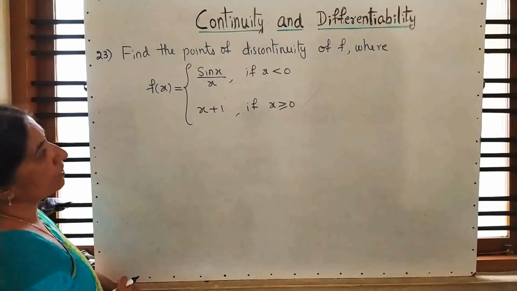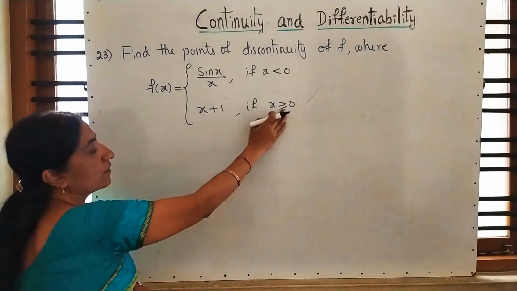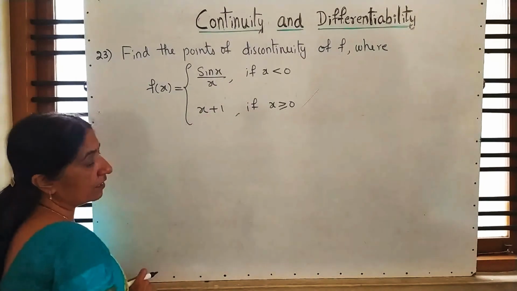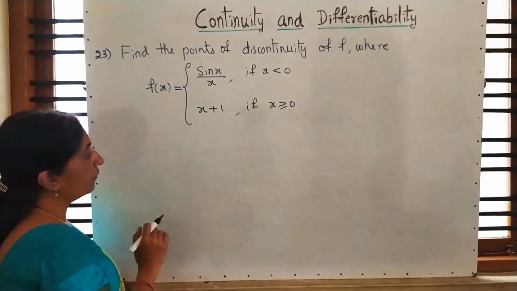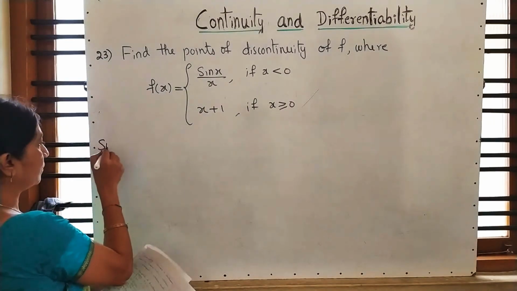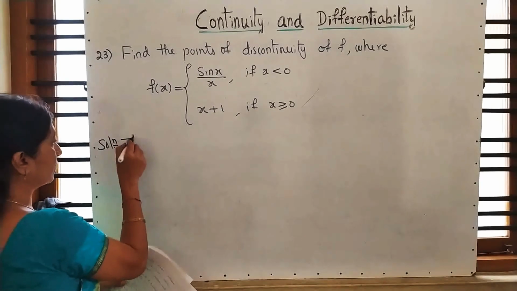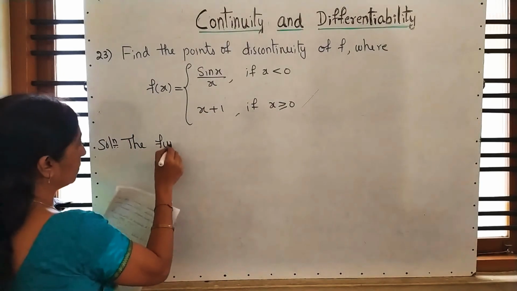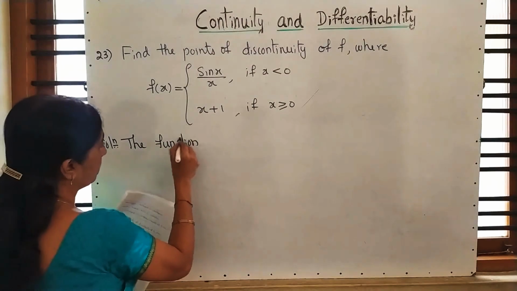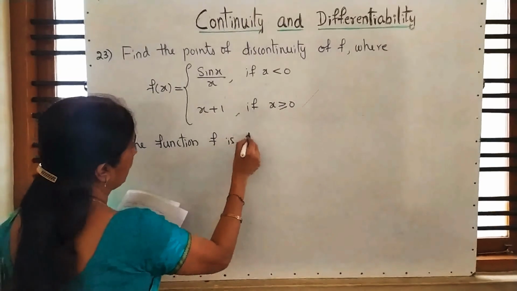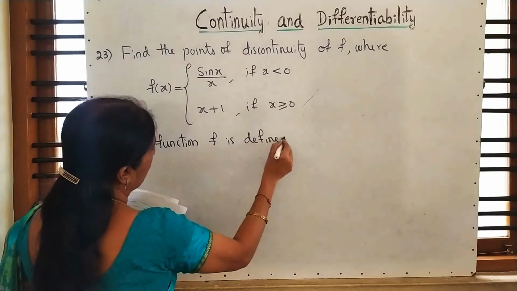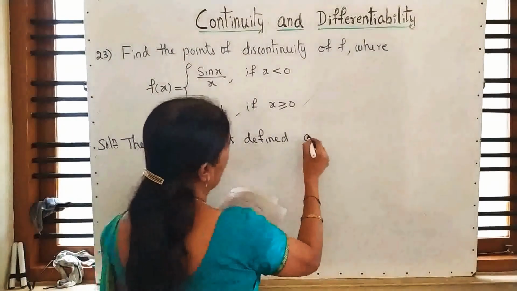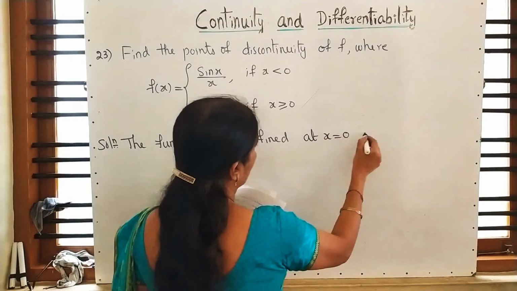First see whether the function is defined or what. Yes, here we have an equal sign and wherever x is there, if you write 0, your answer will be 1. The function is defined. The function f is defined at x is equal to 0.